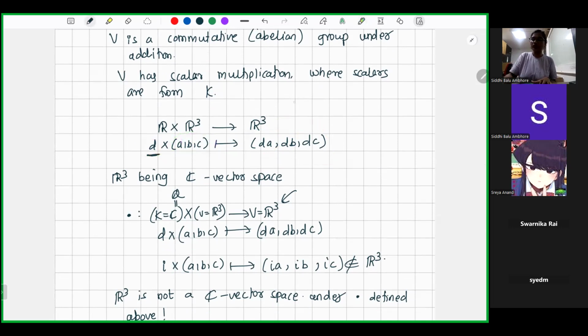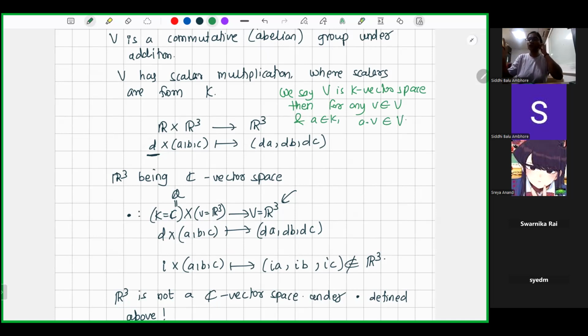So when we say R3 is an R vector space or V is a K vector space, then for any v in V and some a in K, this av again belongs to V.